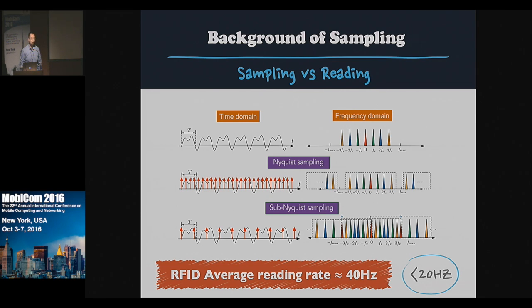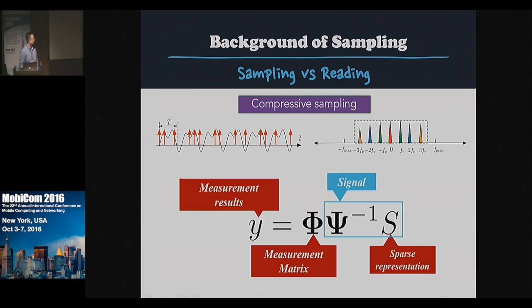Nowadays, a commercial RFID reader can read the tag 40 times per second, offering a sampling frequency of 40 Hz. According to the Nyquist theorem, we can only monitor vibration with a frequency lower than 20 Hz. Apparently, it's insufficient for most cases in our daily lives.